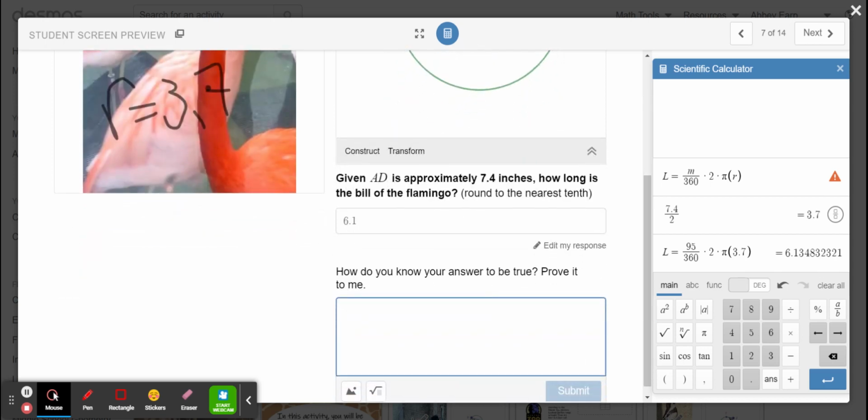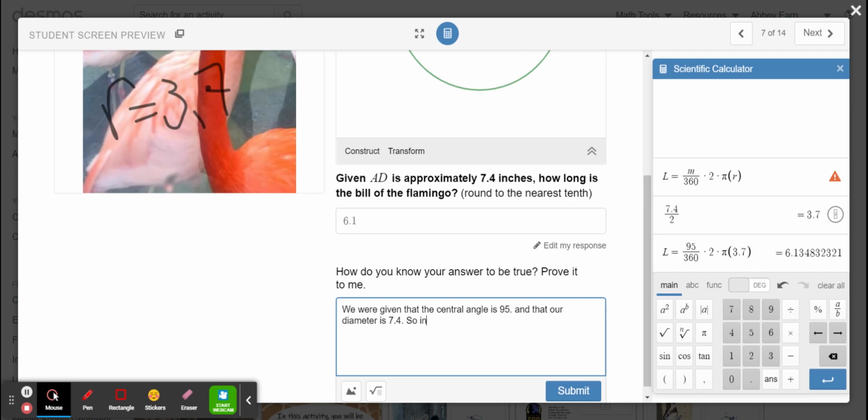Prove it to me. So we were given that the central angle is 95 degrees, and that our diameter is 7.4. We don't need a diameter, we need a radius.